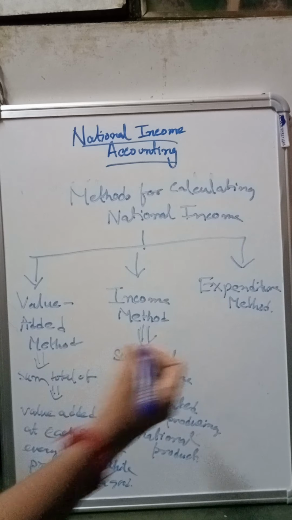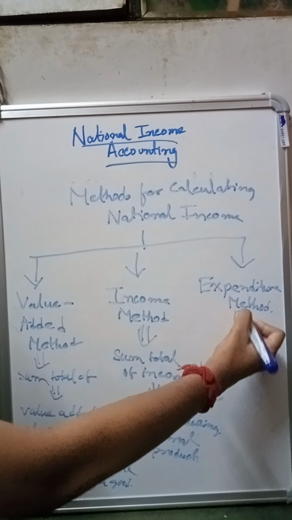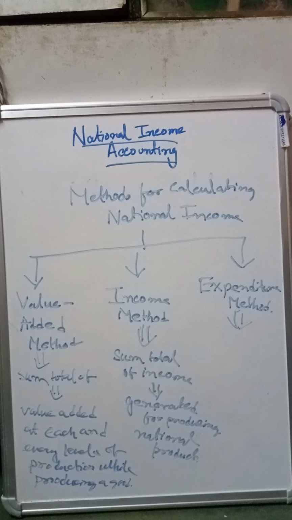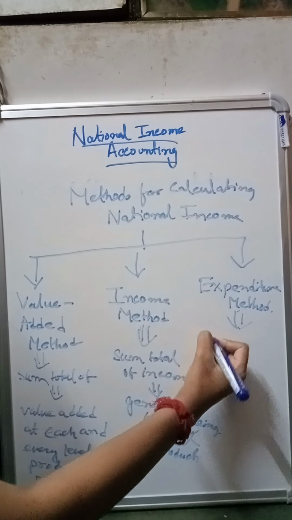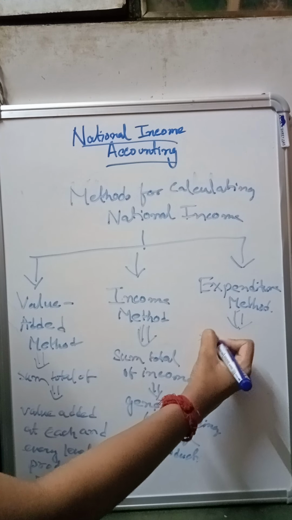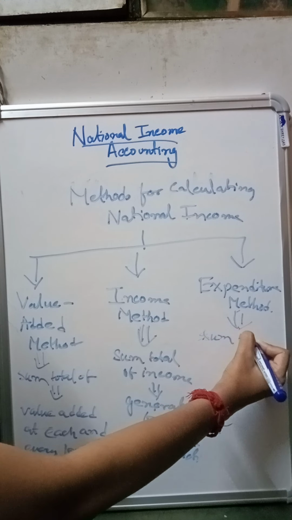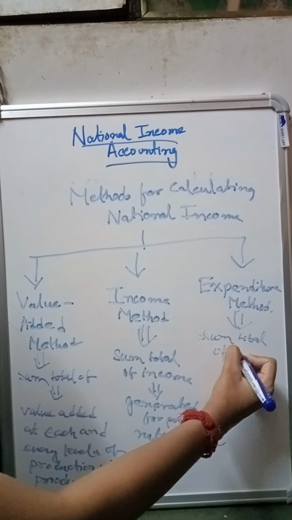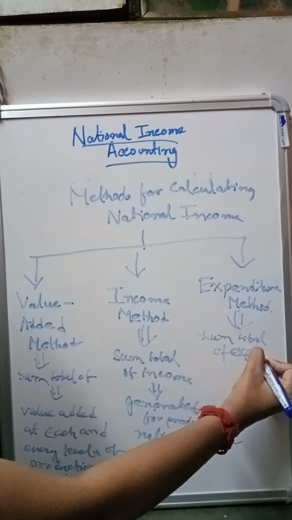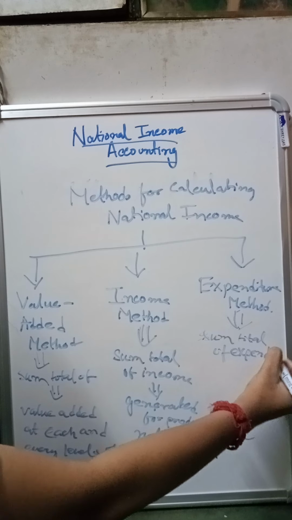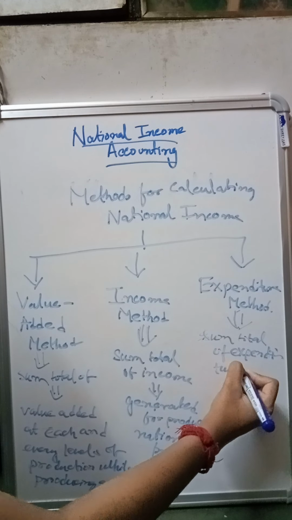And the expenditure method is just the opposite of the income method. In the income method we are concentrating on the sum total of the income. Here we are concentrating on the sum total of expenditure on what?